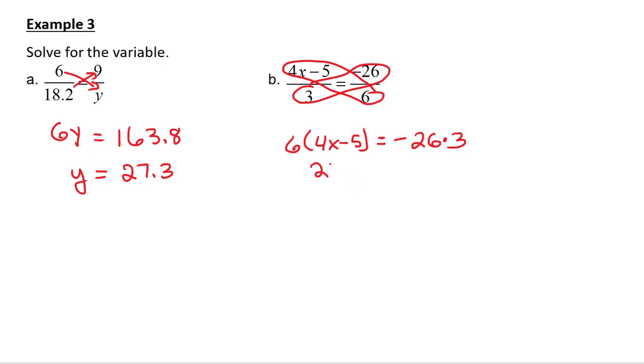I distribute the 6 through. 24x minus 30 is equal to a negative 78. I add the 30 over to the other side. And I divide by 24. I'm using my calculator just to double check, and it is negative 2, because the 48 is negative.